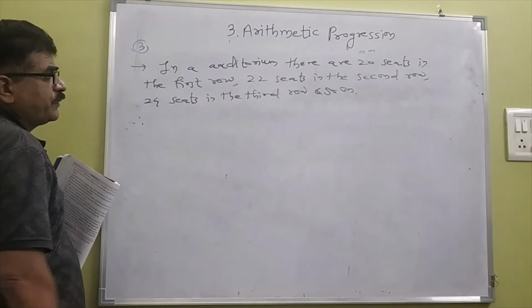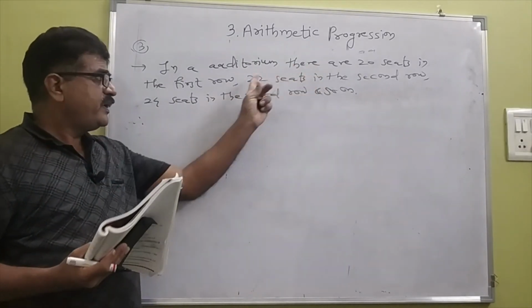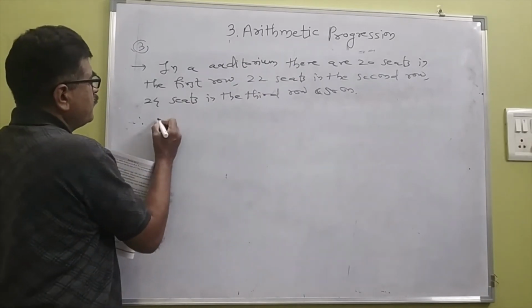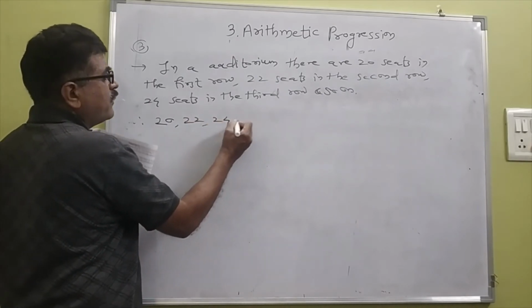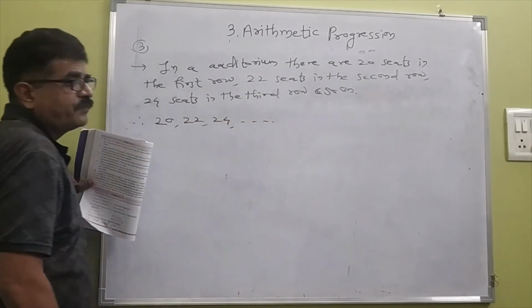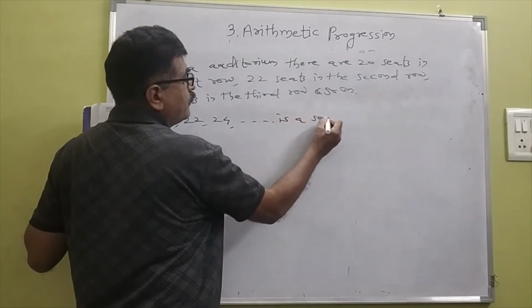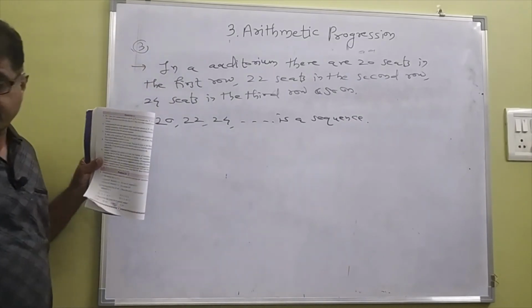Therefore the numbers 20, 22, 24 and so on form a sequence.